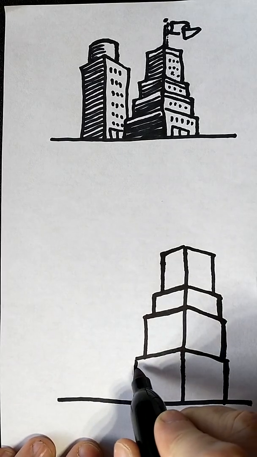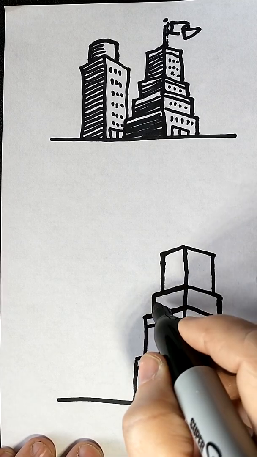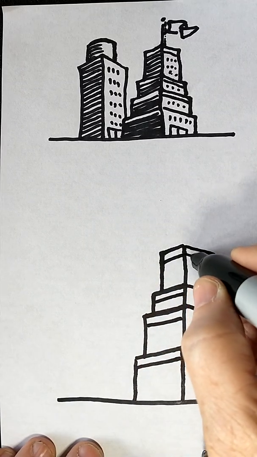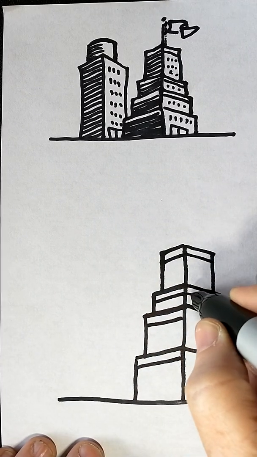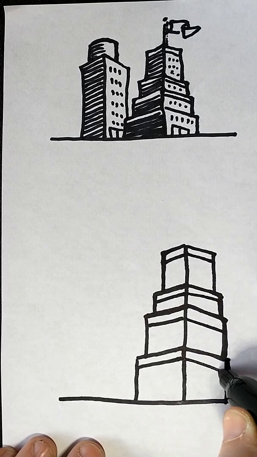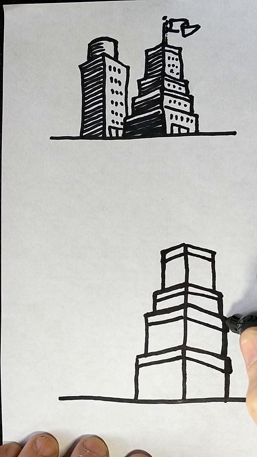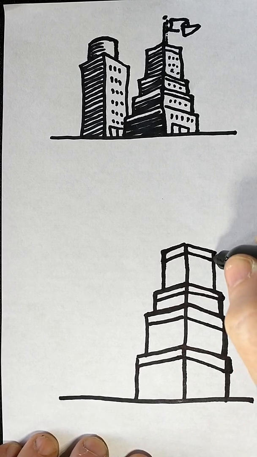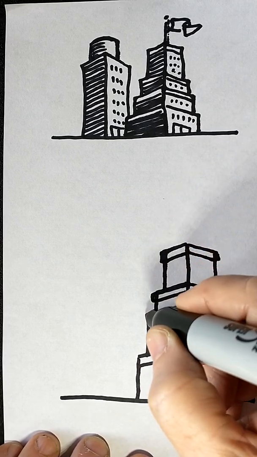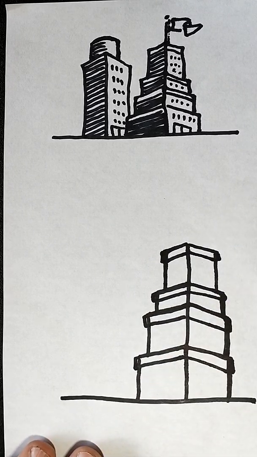Okay, and then I am choosing to put kind of a stripe on each floor. Maybe it's some trim work that's on the building. So I'm putting a parallel line, and maybe I make it stick out a little bit. It can stick out a little bit to give it a little bit extra dimension or shape.